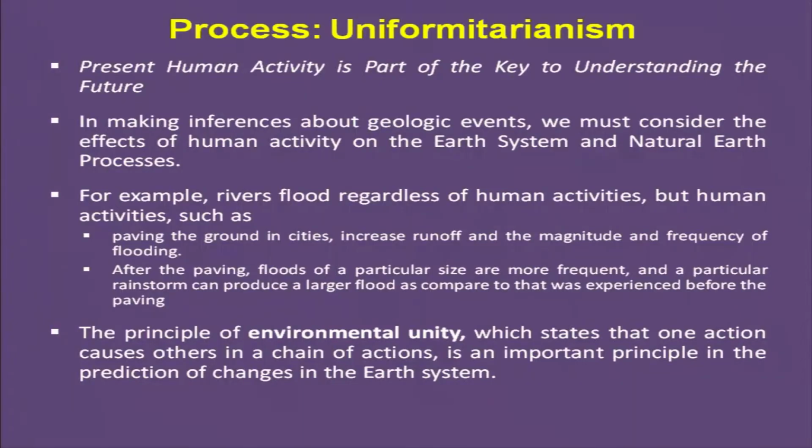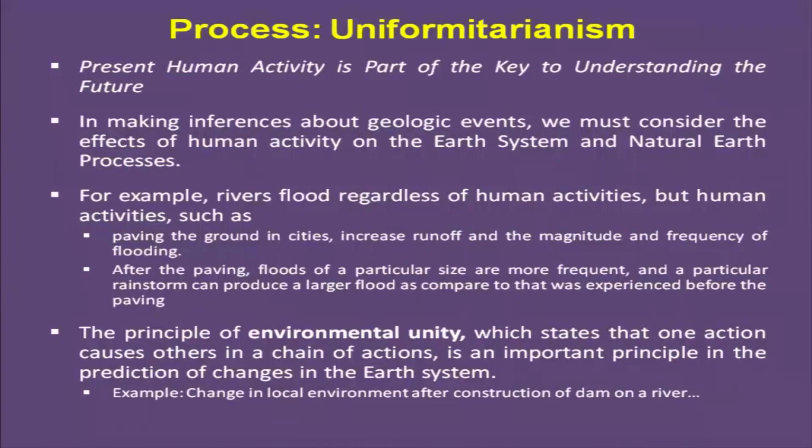So this is important in terms of how we are influencing the system, and of course population is going to affect our earth system. For example, a change in the local environment after construction of a dam on a river can affect the local ecosystem as well as the areas in the downstream region.